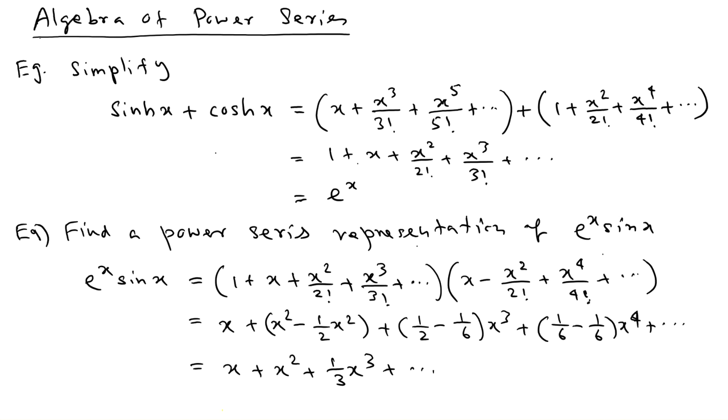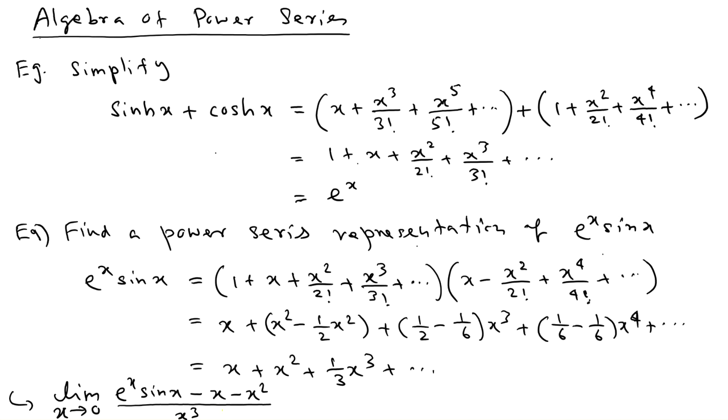What is the limit, let's say, as x goes to 0, of e to the x sin x minus x squared, over, let's say, x cubed.